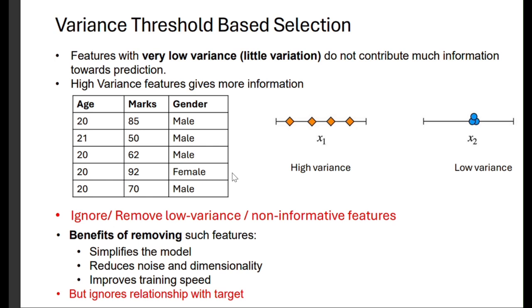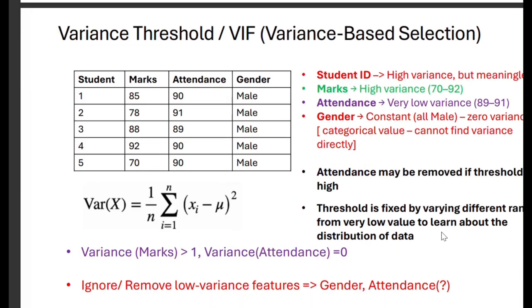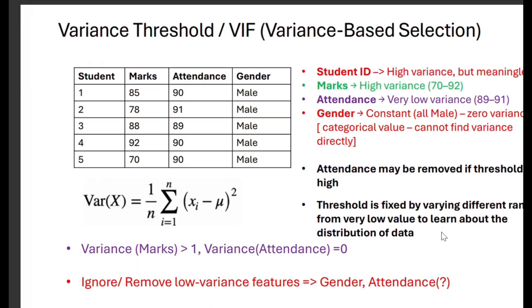The benefits of removing such features are: it simplifies the model, reduces noise and dimensionality, improves training speed, but ignores the relationship with the target. The formula is given as variance of X = 1/n summation over n of (xi - mu) whole square.